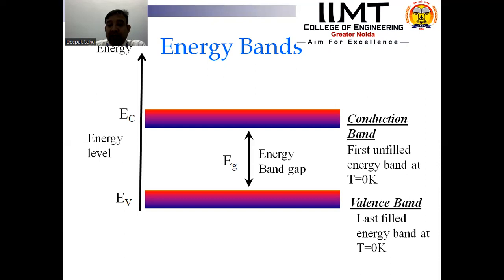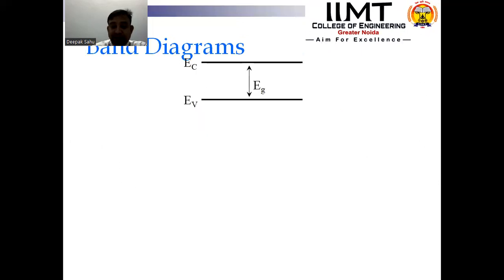So all the electrons which are primarily in the valence band are connected in the covalent bond structure with neighboring atoms. And so there are no free electrons available for any electrical conductivity in the conduction band.